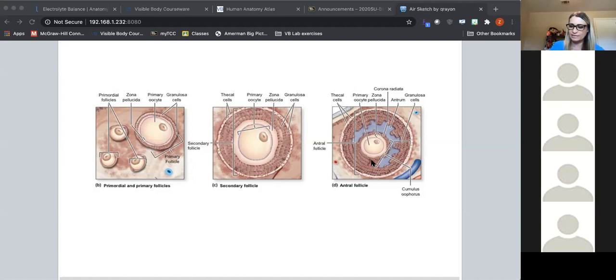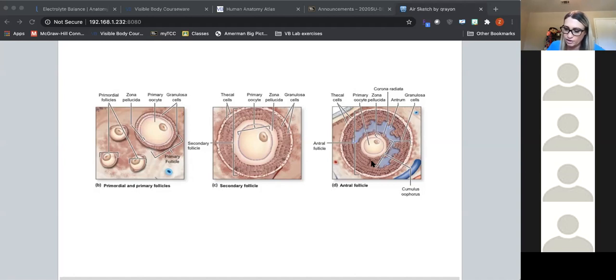And antrum is this space right here, a fluid-filled space that is there in that follicle. You can see that the oocyte is not just floating right in the center of the cell, but it is attached to one side of the follicle. And the cells that are surrounding the oocyte are known as the corona radiata.